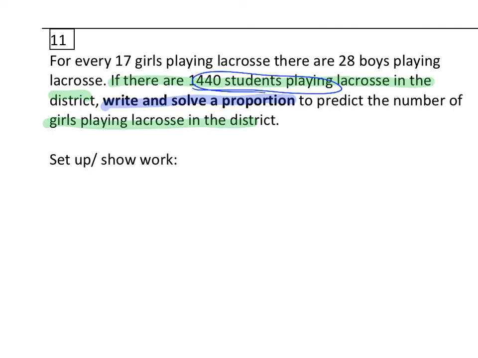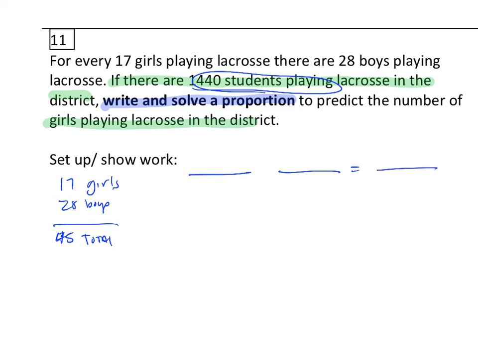So if we look, we have 17 girls in our ratio and 28 boys in our ratio, which means our total is going to be 45. So when we set up our ratio, again, we want to look at our units, right?